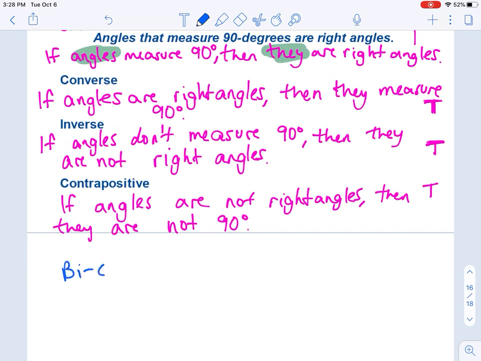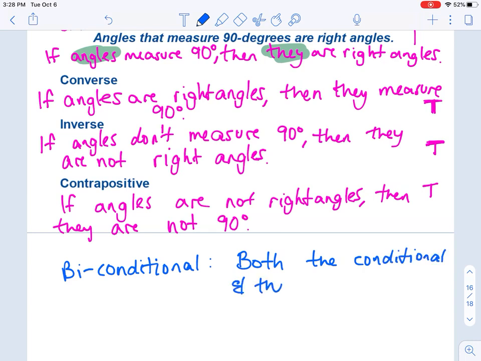Biconditional is when both the conditional and the converse are true. So we can write a biconditional statement.